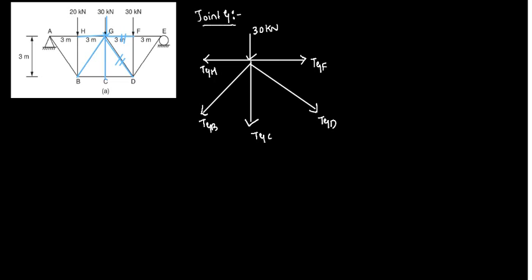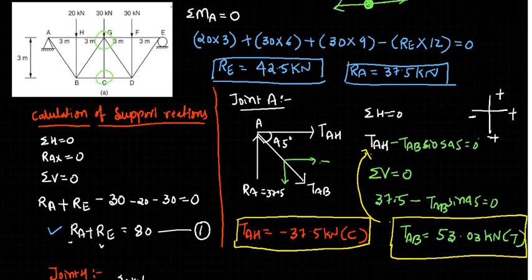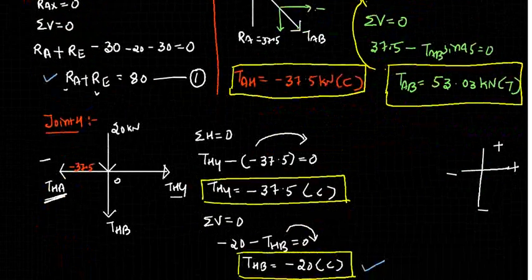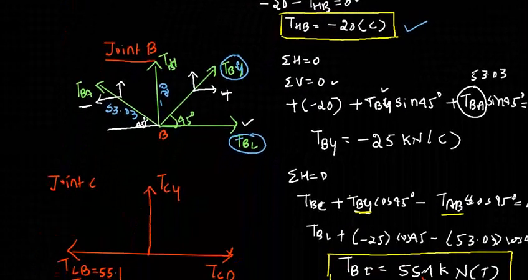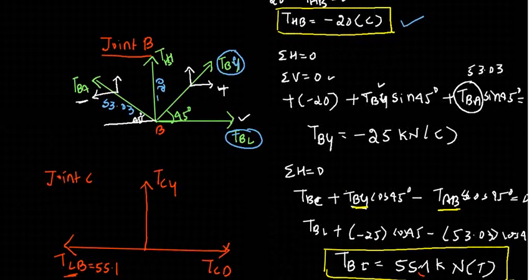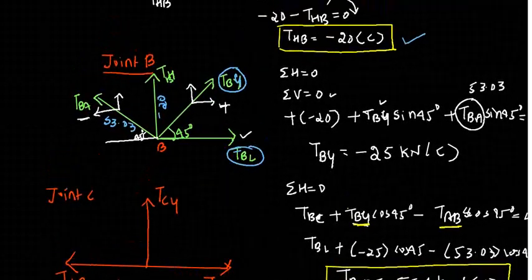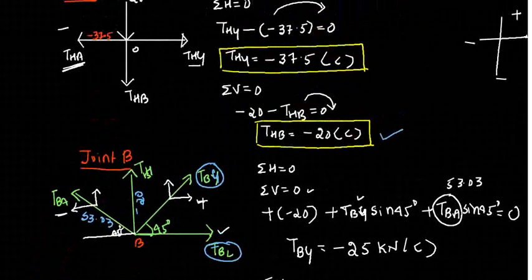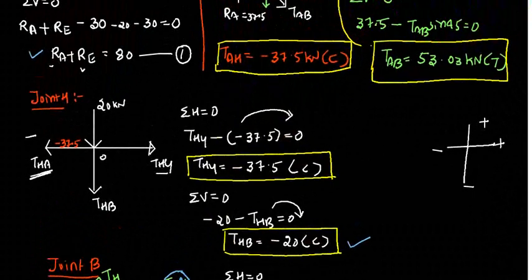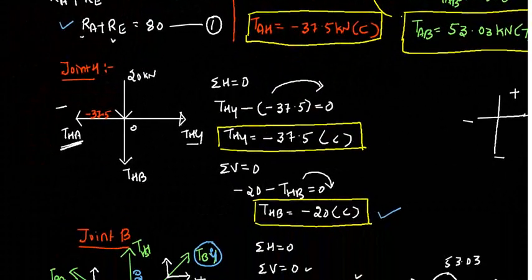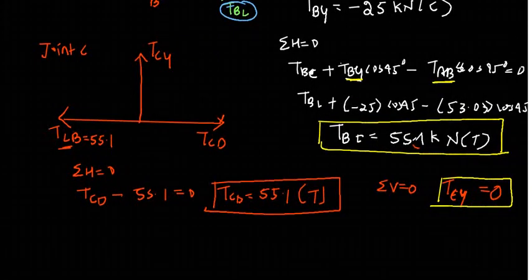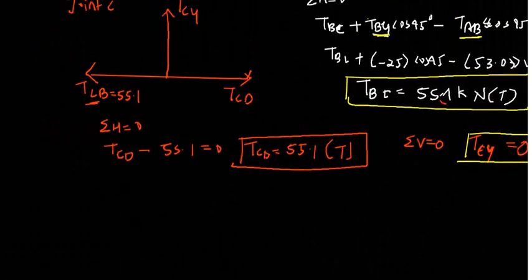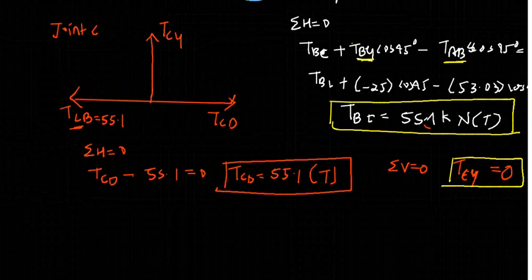I will show the previous calculation. You just observe, by considering the different joints, what we want is the value of TGH, right? TGH, we have the value from the previous calculation, and again we want the value of TCG.